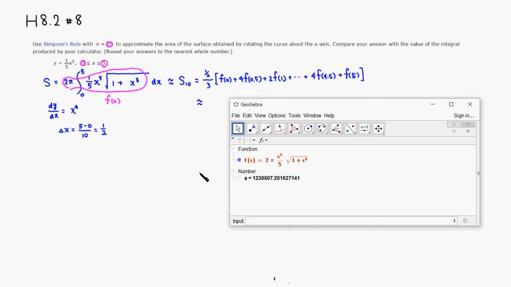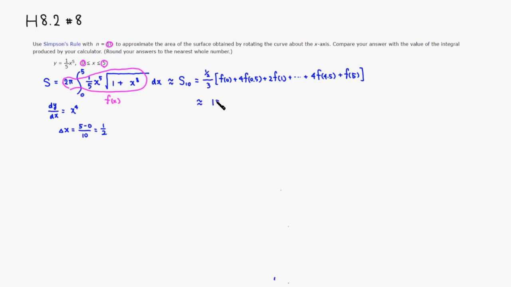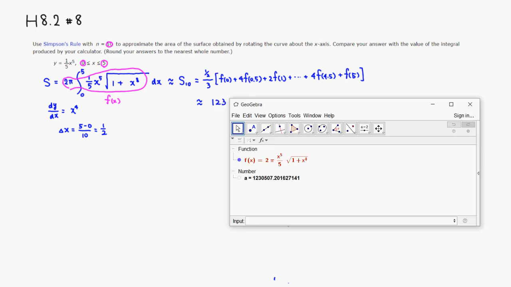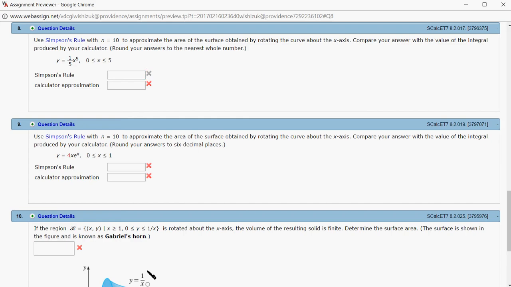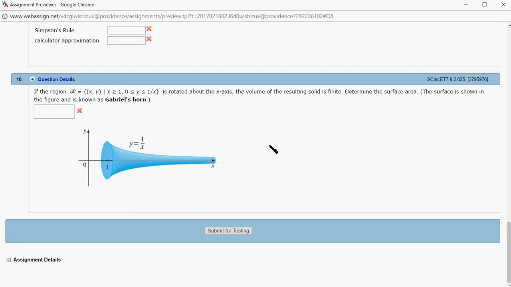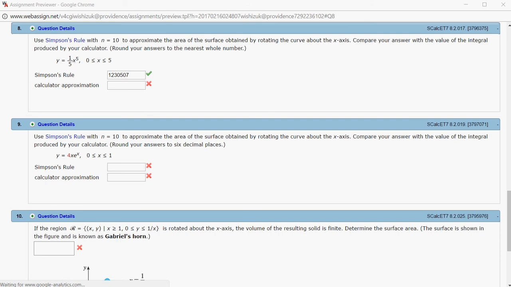I got 1230507. Let's submit for testing. It came back and looks like we got the Simpson's rule correctly.